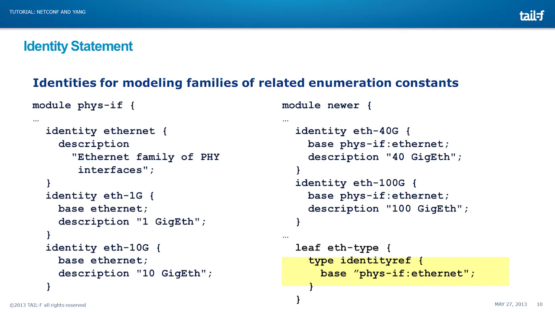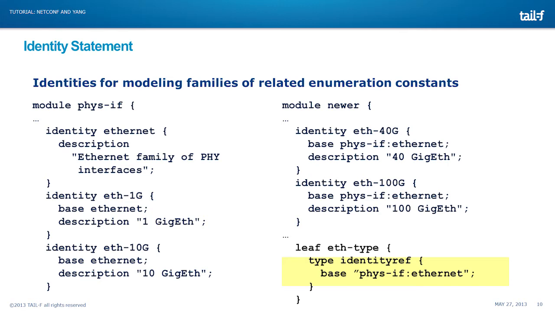So in our module newer, we simply declare our new identities for 40 gig and 100 gig Ethernet, base that off of our existing Ethernet identity, and then later on are able to use that, say, on a leaf with a type identityref.